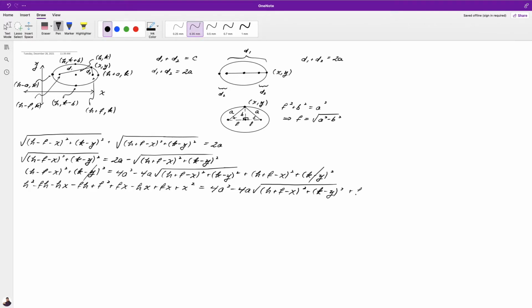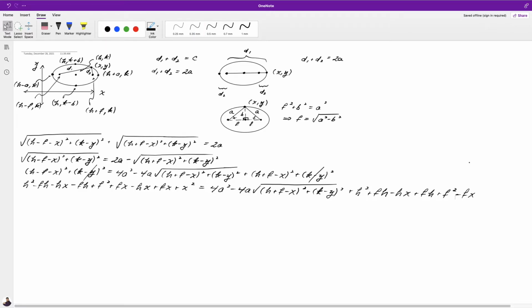Plus, okay, here we go, h squared plus fh minus hx plus fh plus f squared minus fx, minus hx minus fx plus x squared. Just squeeze it in.